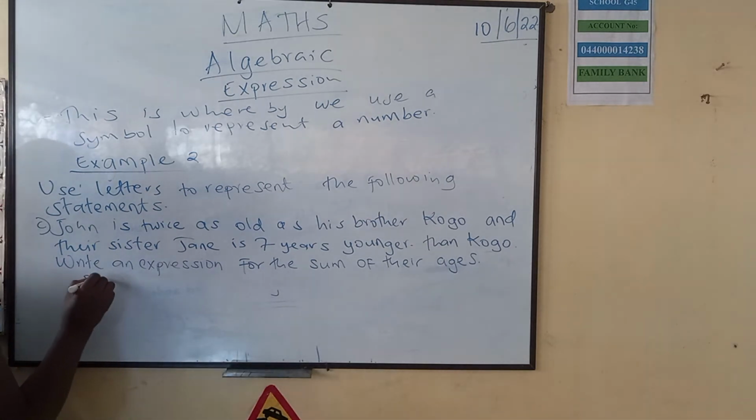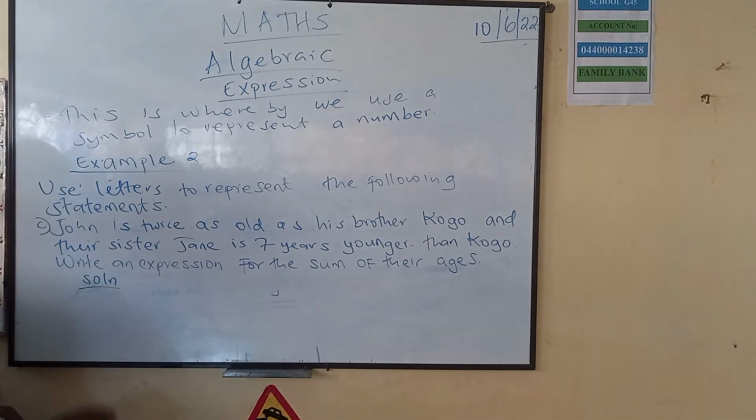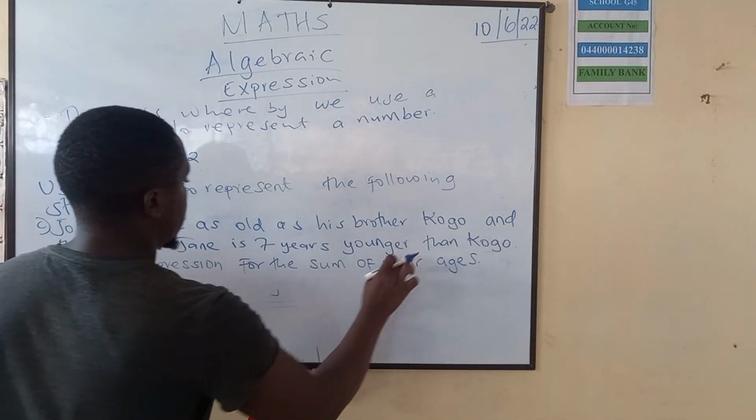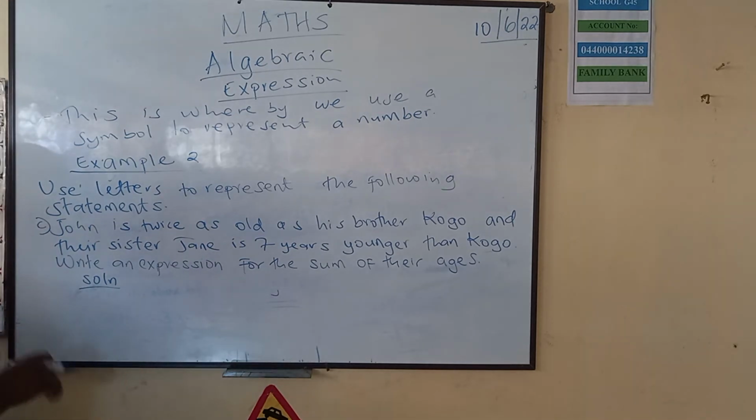Let's have our solution there. Now we have John, who is twice as old as his brother Kogo, and their sister Jane is 7 years younger than Kogo. From the three, who is the center of focus here? The center of focus is Kogo.